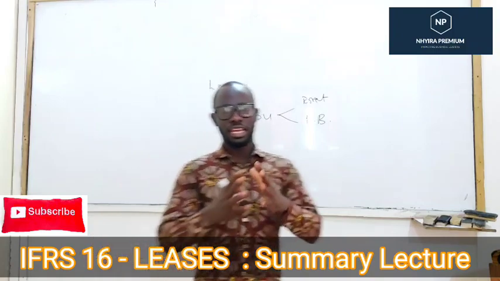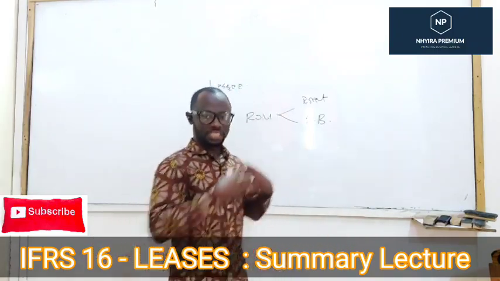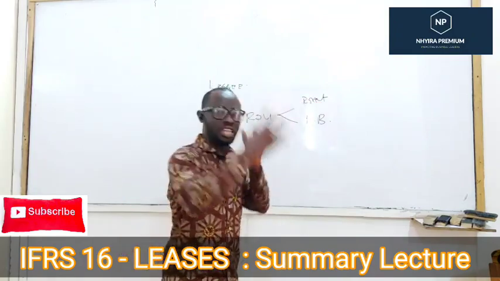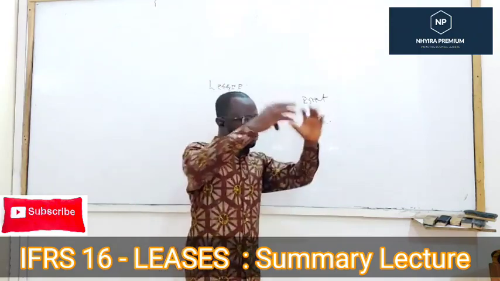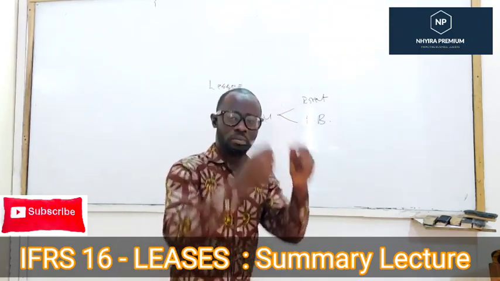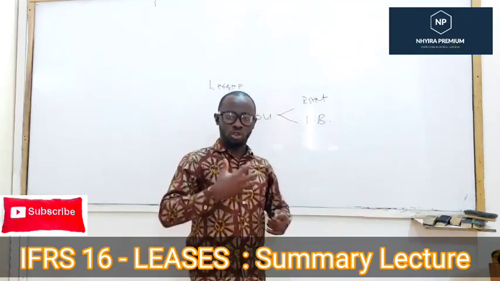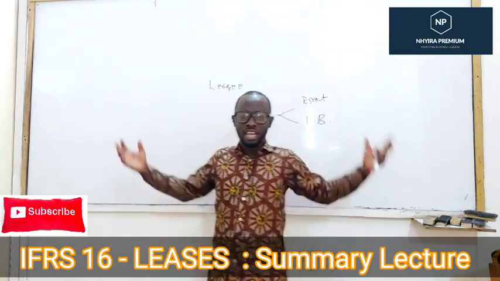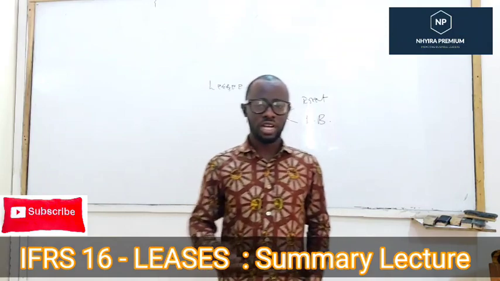Now, it means that if in the question we cannot conclude that the lessee is going to have direction of the asset, how the asset is going to be used, and we cannot conclude that substantially all the economic benefits generated from the usage of the asset will flow to the lessee, then we cannot account for that as a lease, and we will just treat this as a normal operating lease, normal rentals.